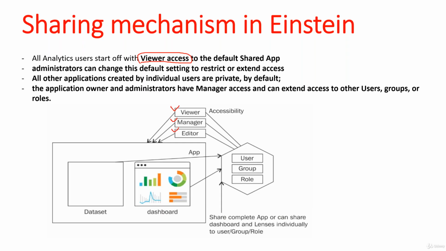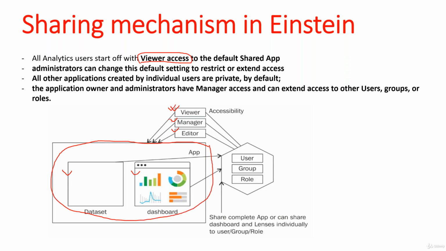So in your analytics platform, you will have your data set, your dashboard, everything in the app. Now, to this app, you can have access either as viewer or manager or editor. We can define that access level for a particular user, a particular group or a particular role.